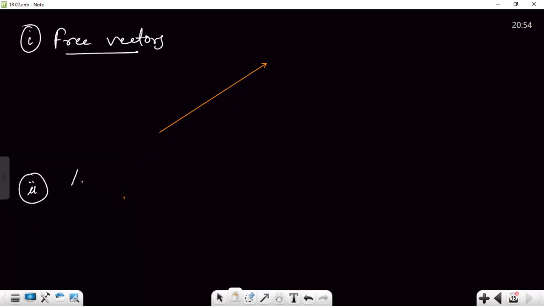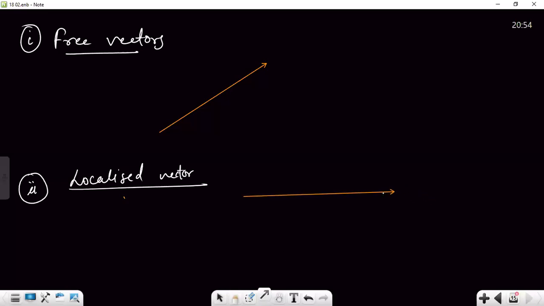Second, localized vector. A vector which can only be shifted along its line of action is called a localized vector. Actually, I said it the wrong way around.